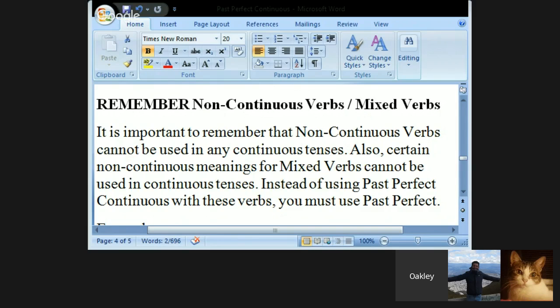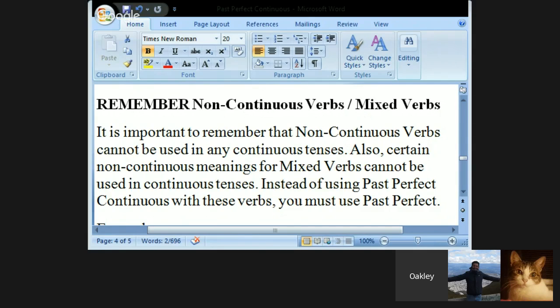The sky is blue. Okay, I have to use simple present tense. That's the state of my reality as I know it. I cannot say the sky is being blue. Sounds odd, doesn't it?